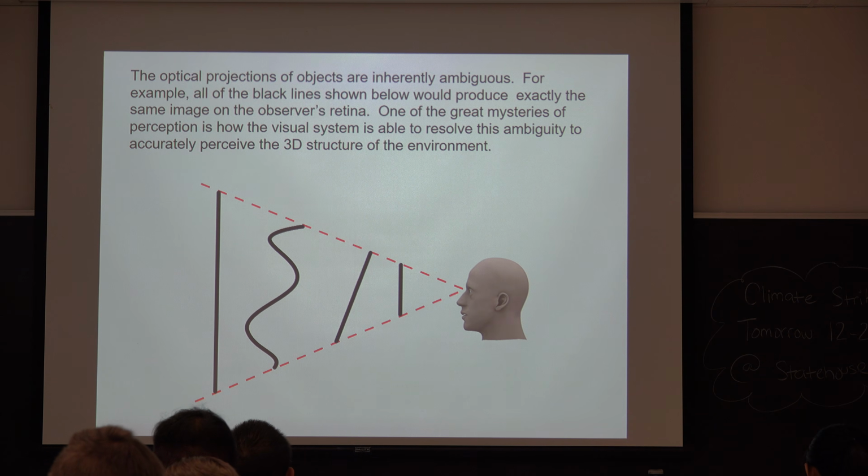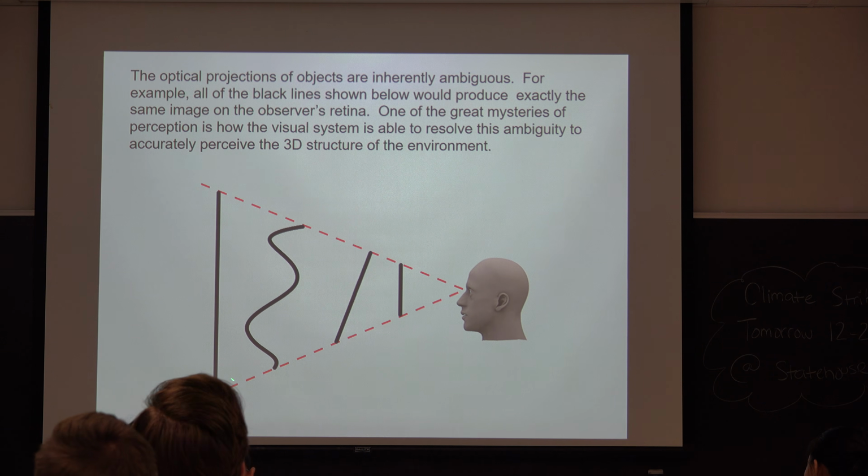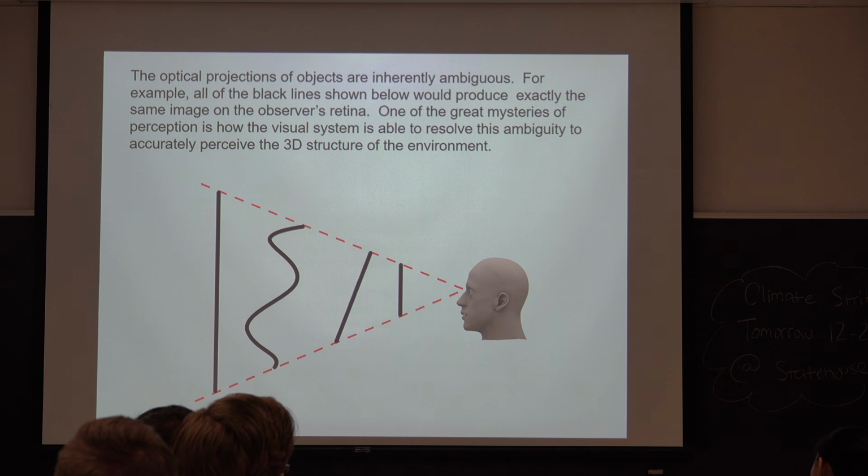So just to exemplify the problem a little bit more, let's say I have this ball-headed guy here, and he's looking out at all these curves. Notice they all project exactly the same thing on the retina. So optically speaking, in terms of the stimulation on the retina, there's no difference between these four things.